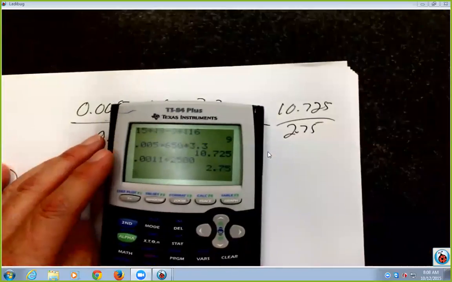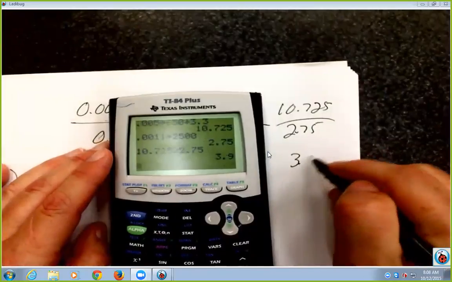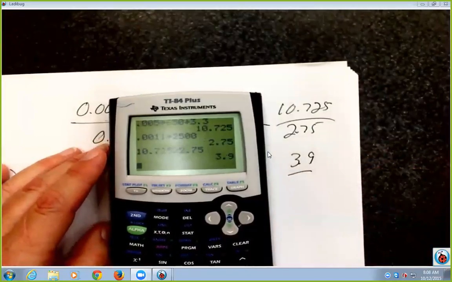Now all I need to do is to do my division. So 10.725 divided by 2.75, and I get my answer of 3.9. Does that help you? Yes or no?